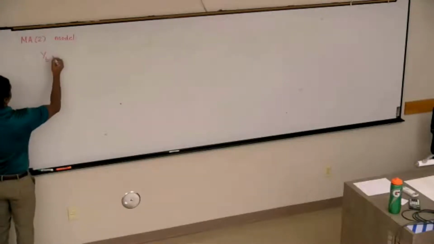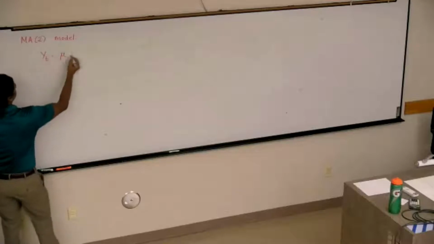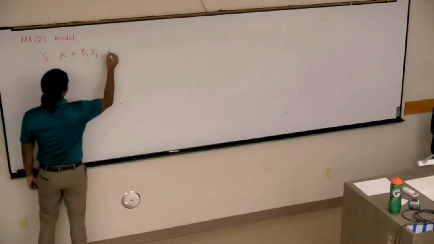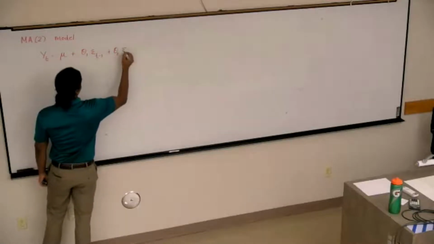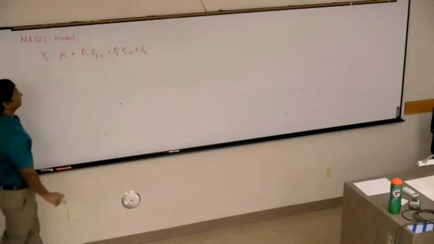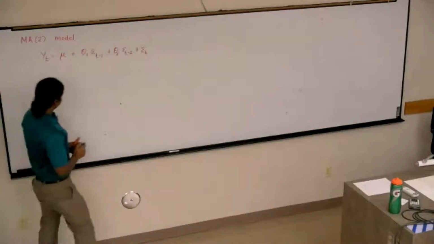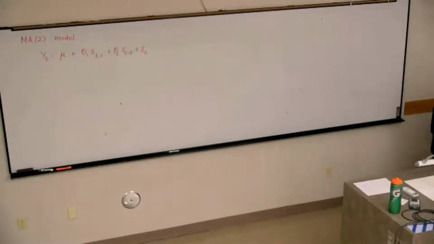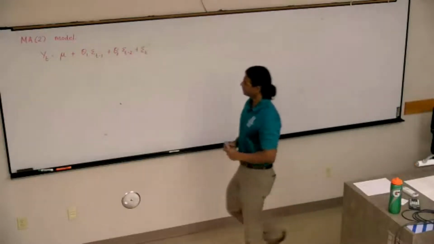That is correct. So we will have yt equals mu plus theta 1 epsilon t minus 1 plus theta 2 epsilon t minus 2 plus epsilon t. That is the last error part. We of course subtract the mean.